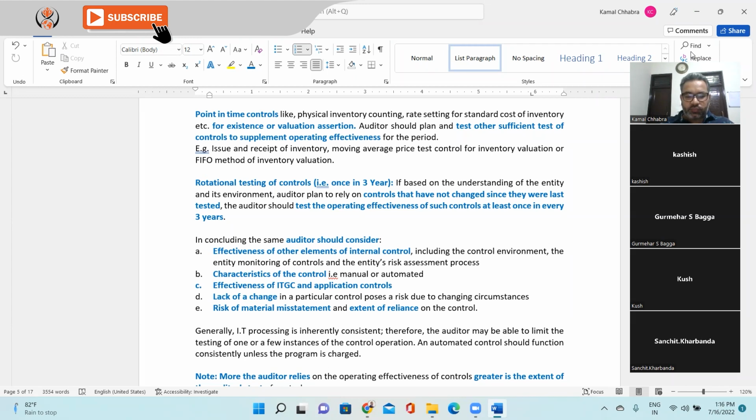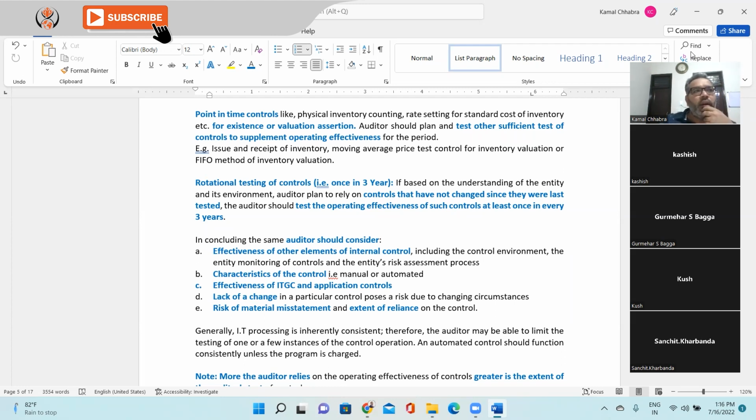I don't have the idea, but if you go by the sentence, then setting the rate in a database to map it with the cost of goods sold, something like that. Sorry, say that again. So basically in SAP, we set a rate for each and every inventory we have in the system. So basically updating that rate list. Yeah, so rate setting can be your cost setting, or it can be your sales price setting into the system, right?